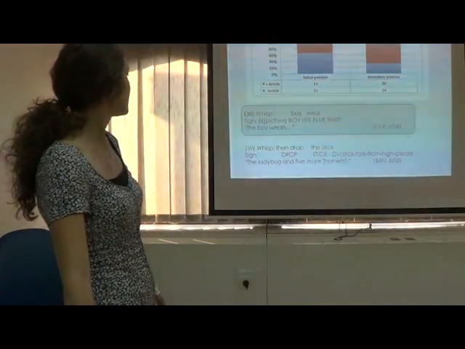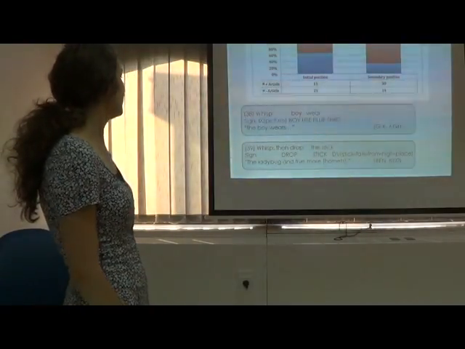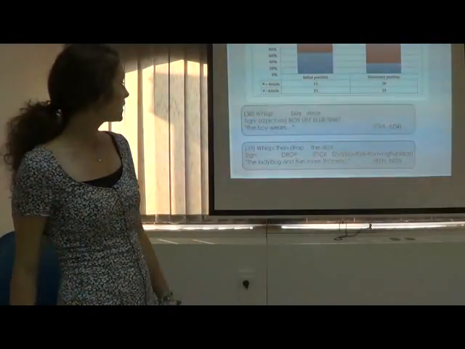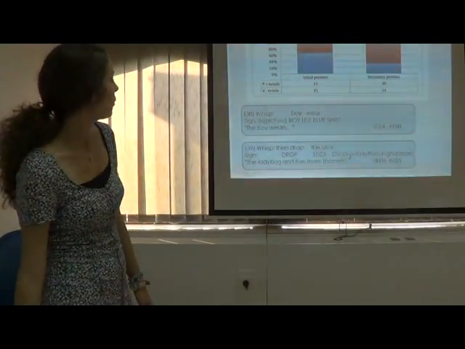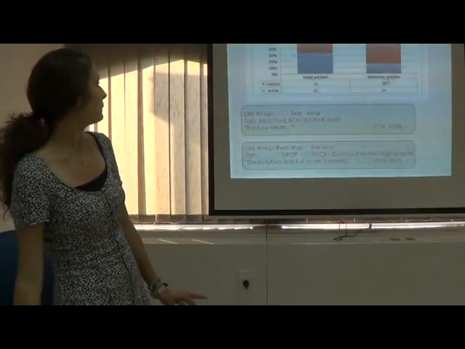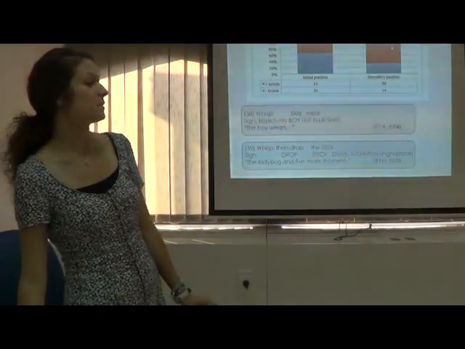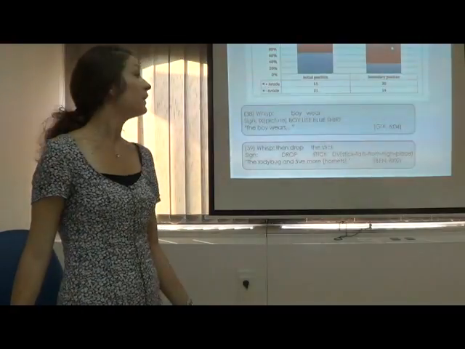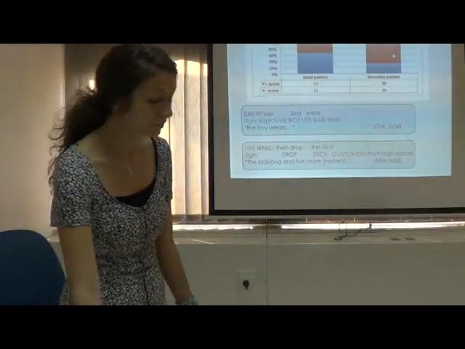But in the secondary, or non-initial position, here 'the' is pronounced. The red one is article present. In the initial position, there was more omission than in the secondary position.